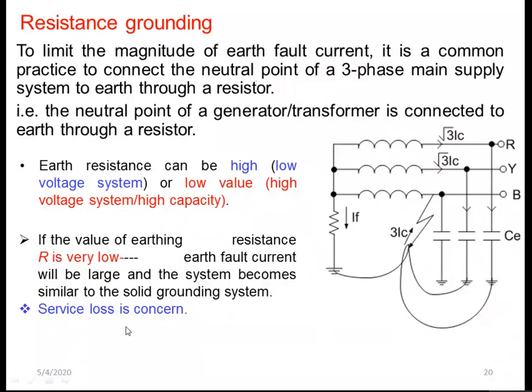That could be a great concern for the operators in continuous process plants. That's why it is written here, service loss will be a concern for the case of low resistance grounding.